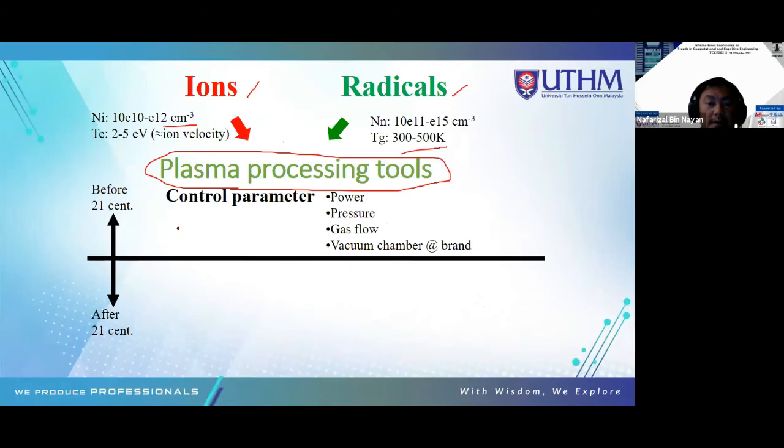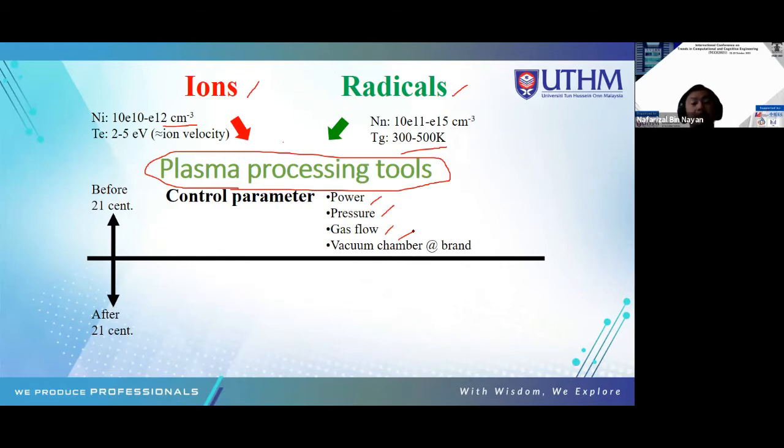In order to control that plasma, we need to control the power, how many watts we supply, the pressure of the gases that we supply, the flow density of the gases, the type of chamber, how big the chamber is, what the brand is.